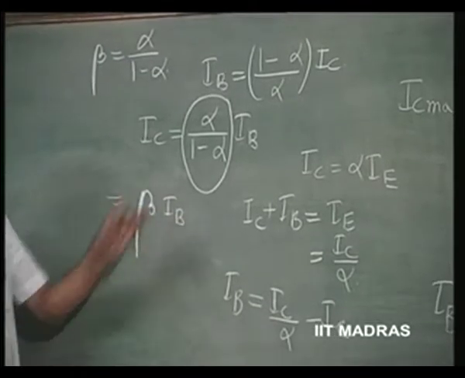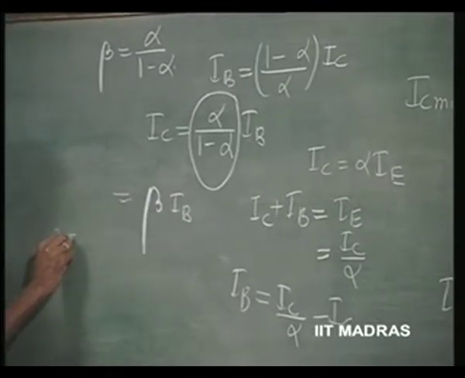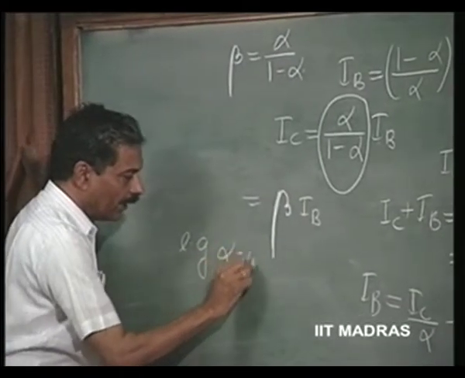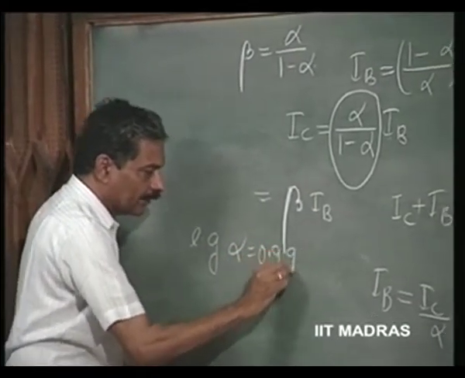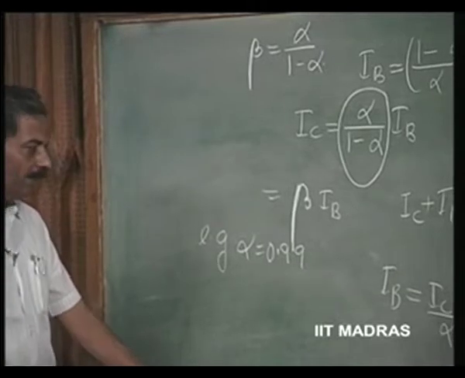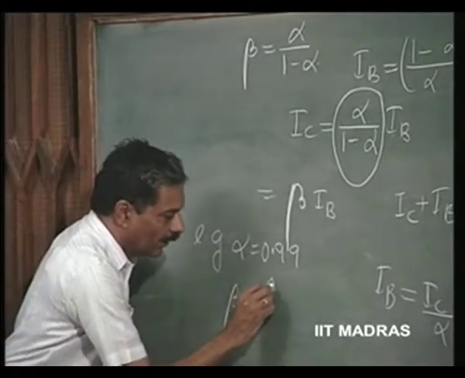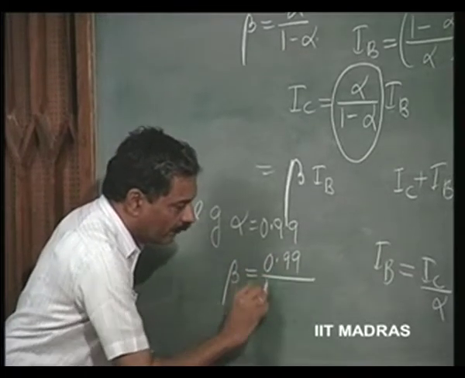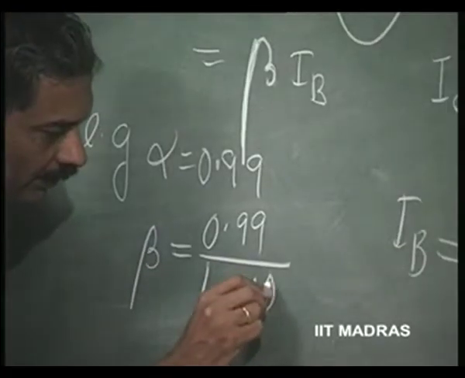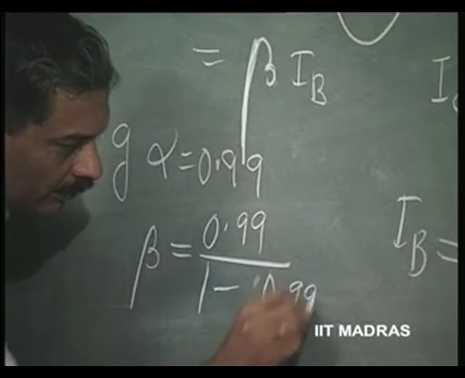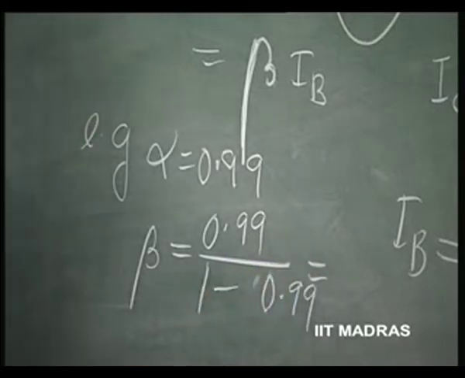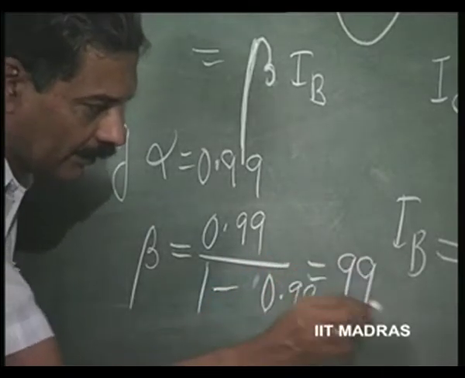If, for example, alpha equal to 0.99, find beta. Beta is therefore equal to alpha by 1 minus alpha, which is 99.